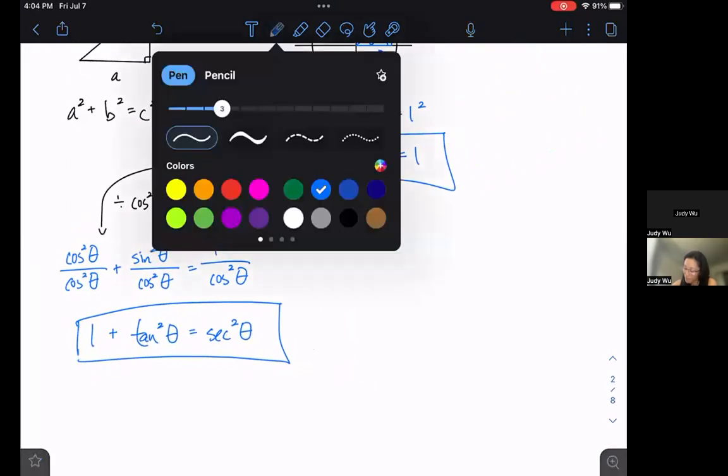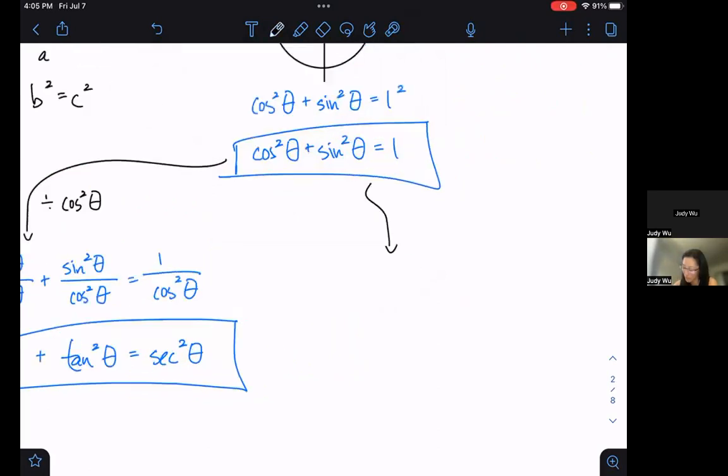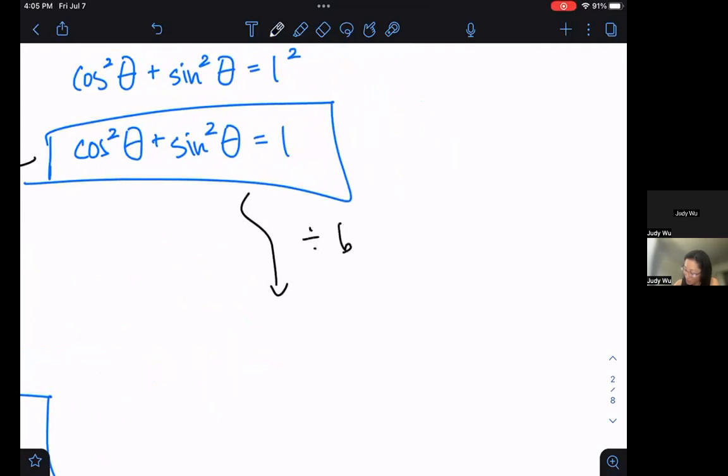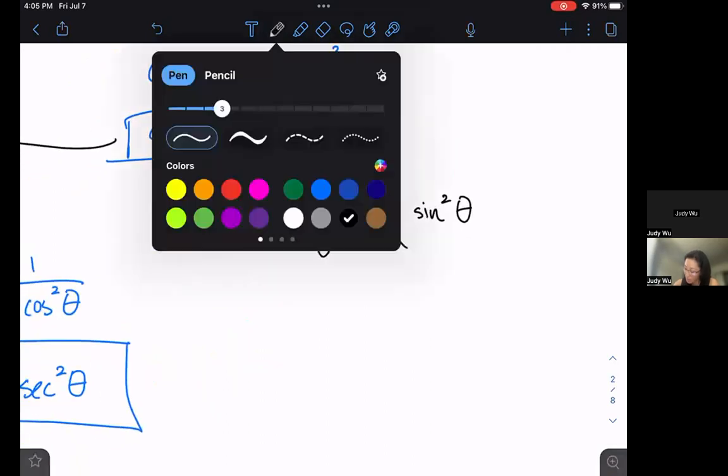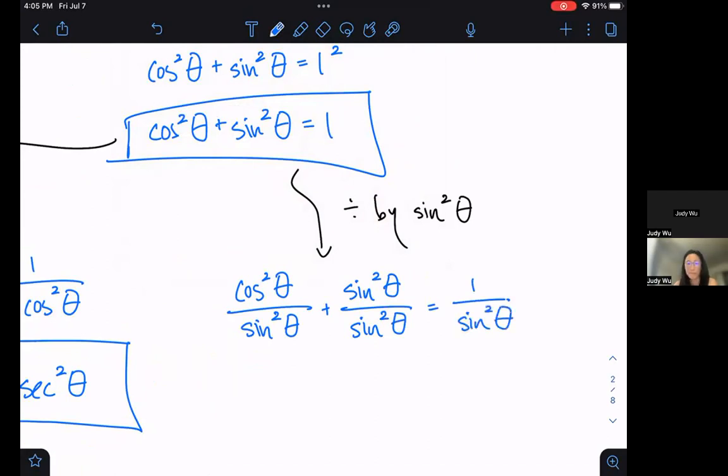Now, any guesses as to what we're going to do to get the third one? If you guessed that instead of dividing by cosine squared, we're dividing by sine squared, you are exactly right. I'm going to go back to the original, copy down my identity, and divide everything by sine squared theta.